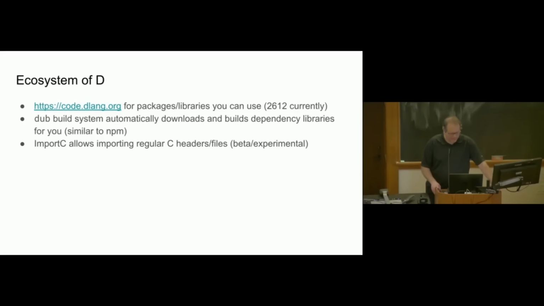We have ImportC as well. So ImportC is a full C compiler inside the D compiler. The only thing it doesn't have is the preprocessor, so we have to kind of steal that from the existing C compilers. And you can use this to basically include C headers without having to replicate them as bindings.